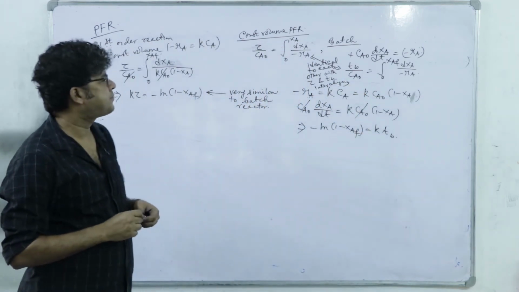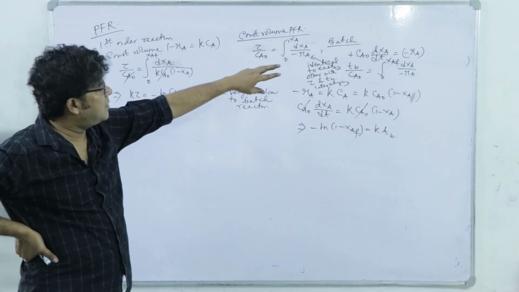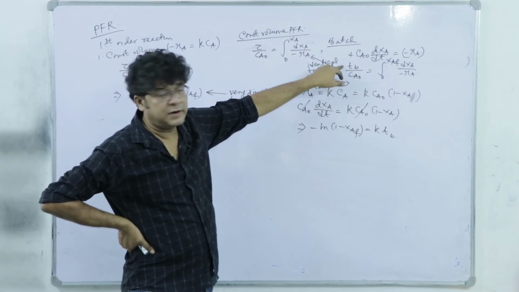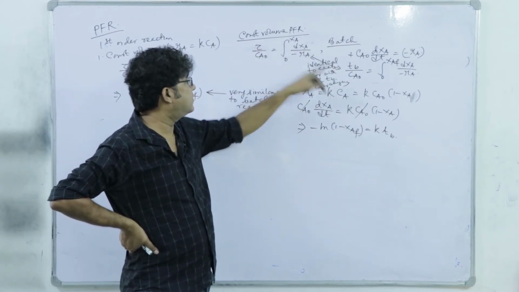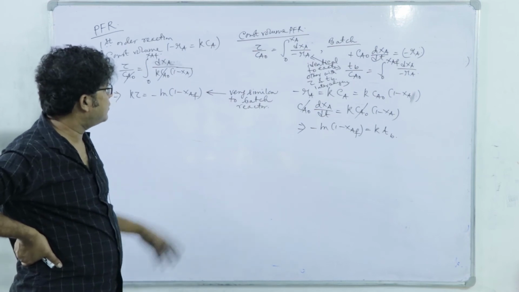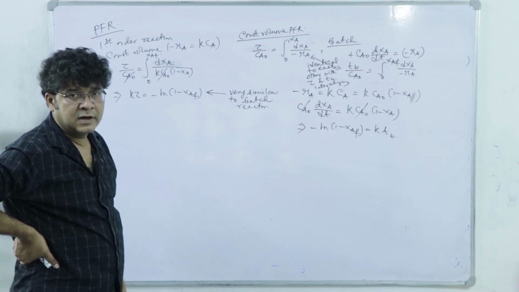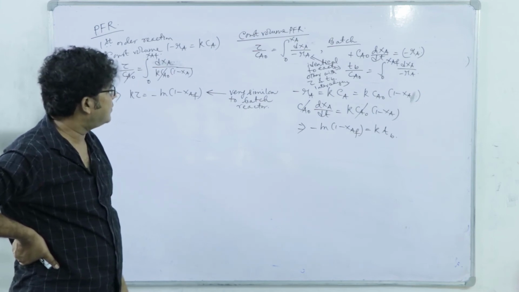Right. So for this plug flow reactor, we simply have to replace tau by Tb, and we get the final form of the design equation. So the design equation for constant volume systems is the same as for batch reactors.